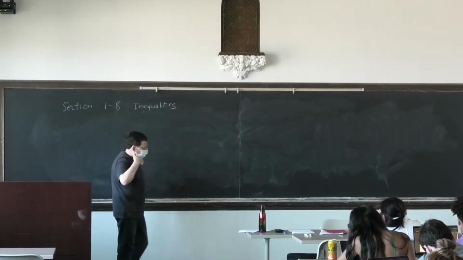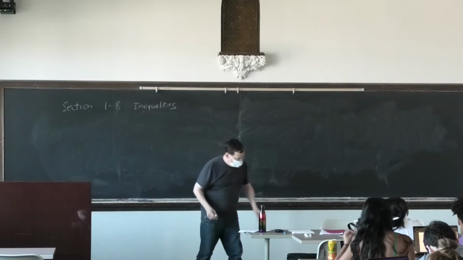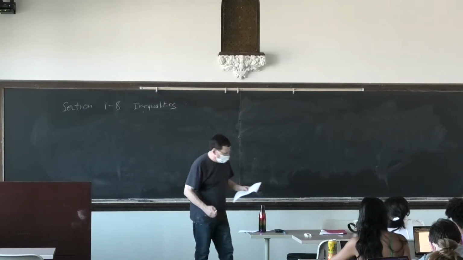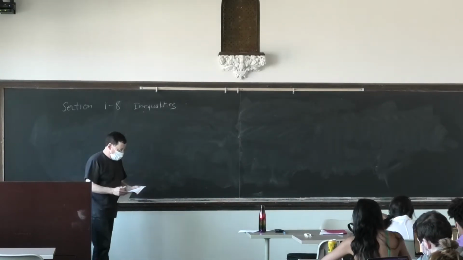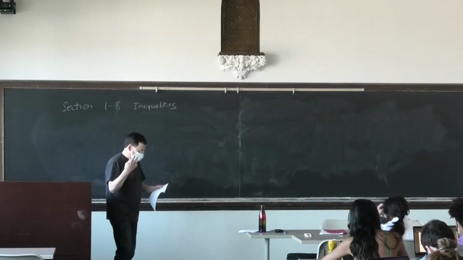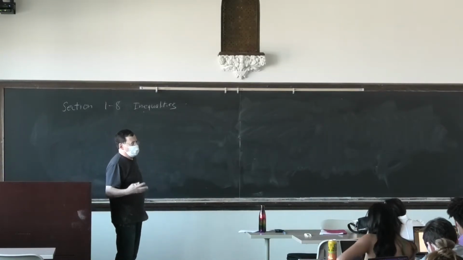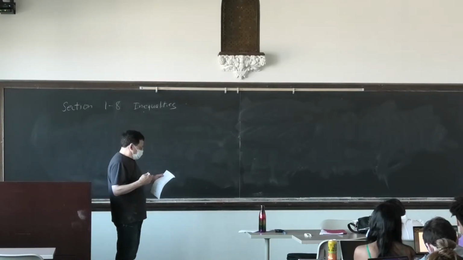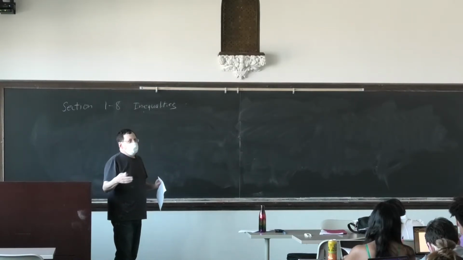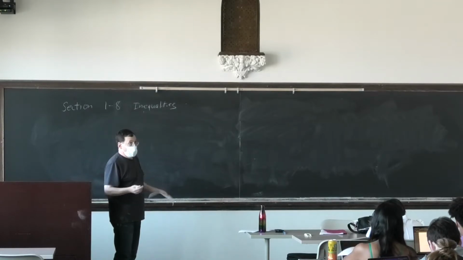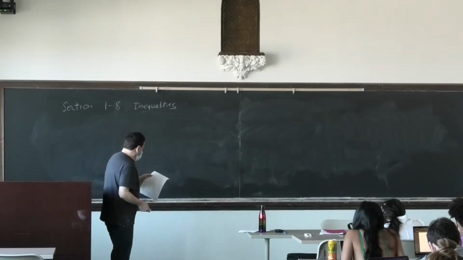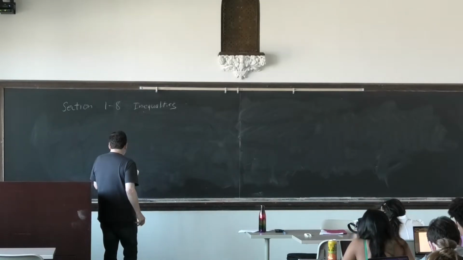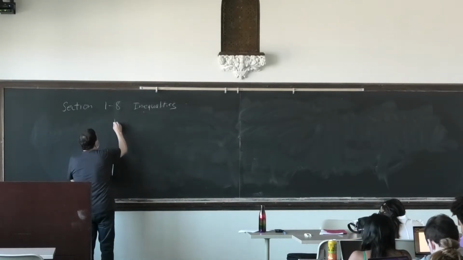And then, for reasons I don't quite understand, it's hard to get a handle on. Why is an inequality that much more confusing than equality? But let's start off with some basic rules here.